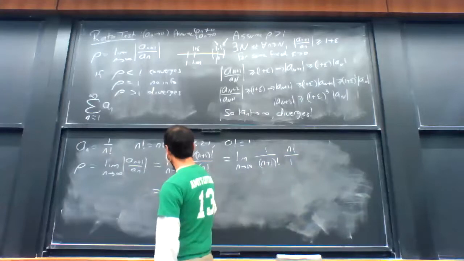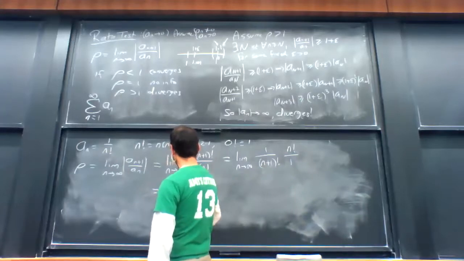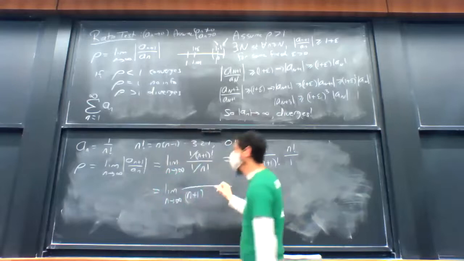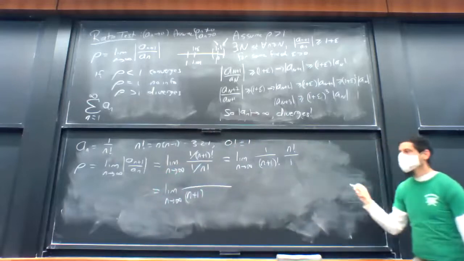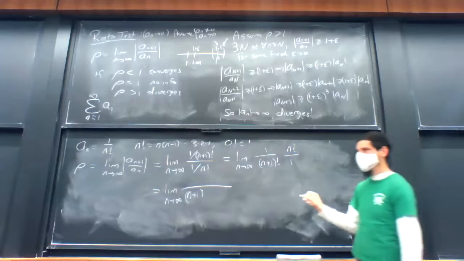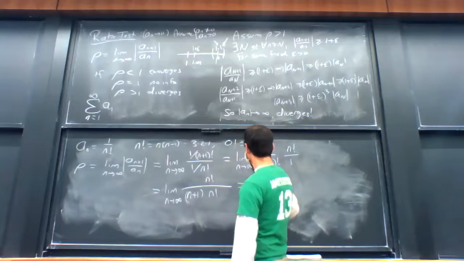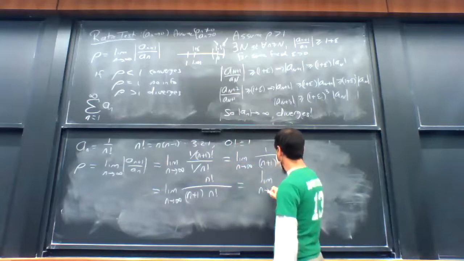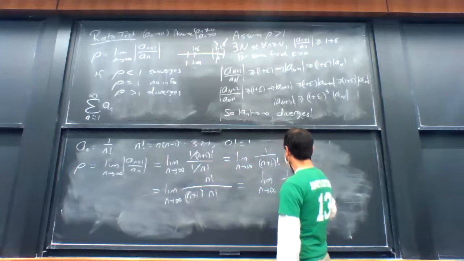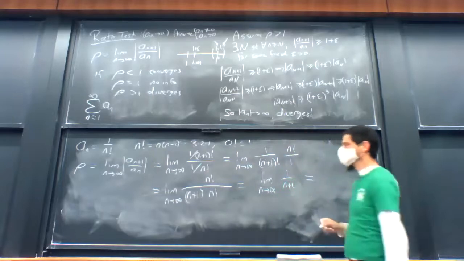So this is just the same as the limit as n goes to infinity. (n+1) factorial is (n+1) times n times (n-1) times (n-2), and from this point onward, it's just n factorial. And we see that the n factorials cancel. So this is just the limit as n goes to infinity of 1 over n plus 1. What's that limit going to be?